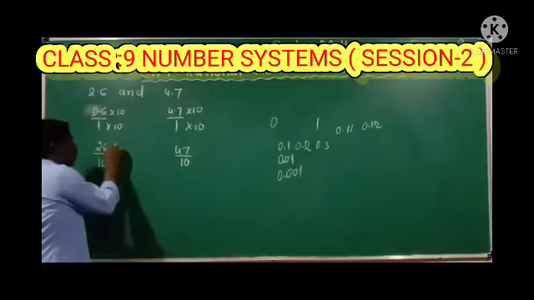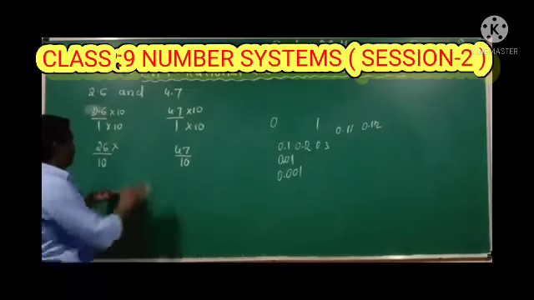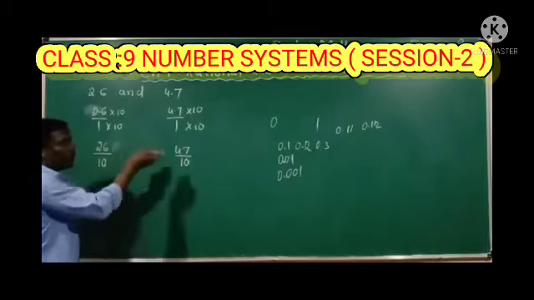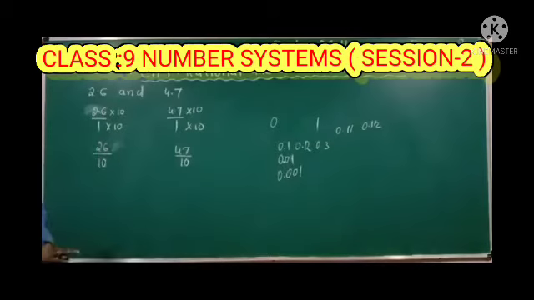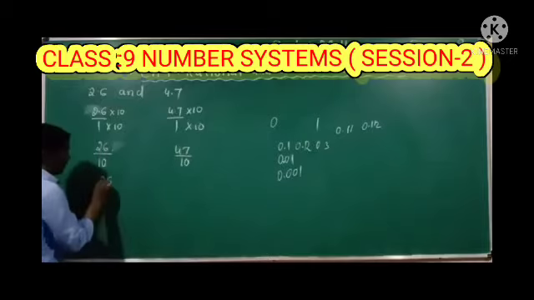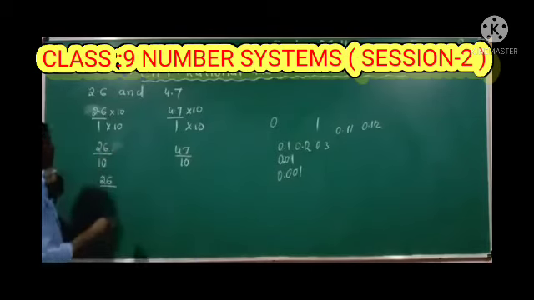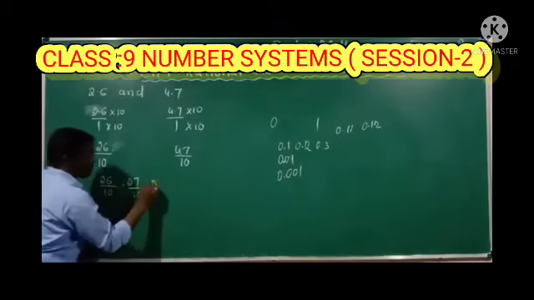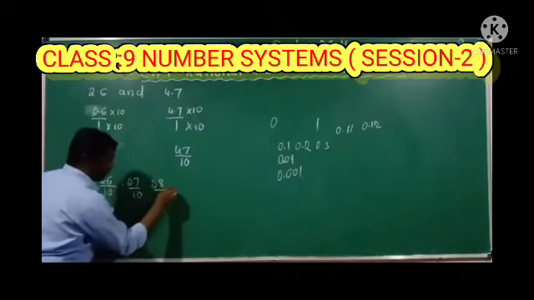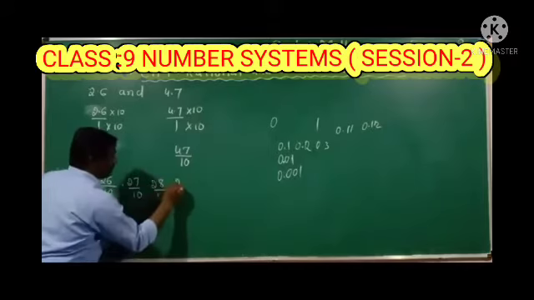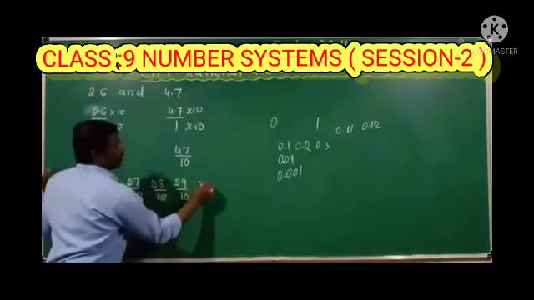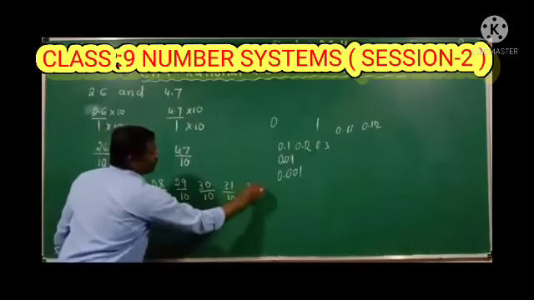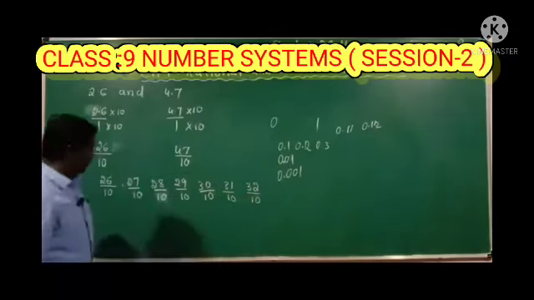There is no need to multiply by any number because there are numbers existing between 26 and 47. So the rational numbers between 26 and 47 are 26 by 10, 27 by 10, 28 by 10, 29 by 10, 30 by 10, 31 by 10, 32 by 10, like this.